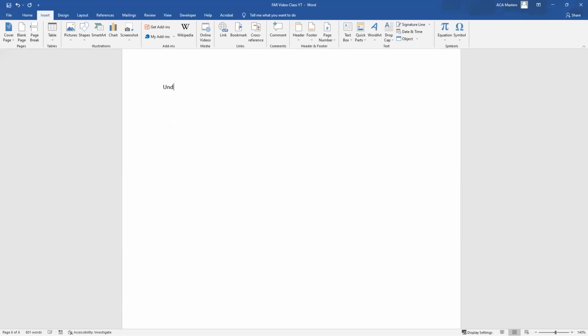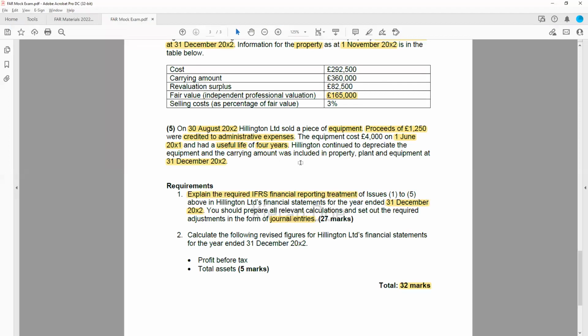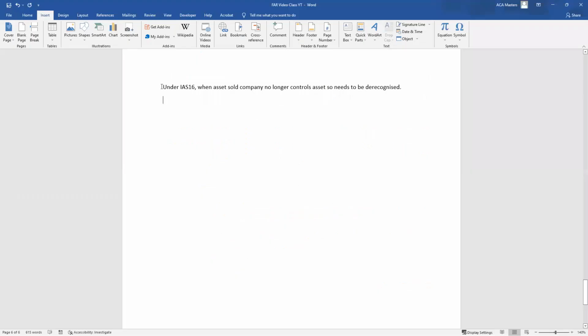So you could say, under IAS 16, when asset sold, company no longer controls asset, so needs to be de-recognized. Okay, so de-recognized from the SFP, no longer shown as an asset, and they've continued to show it as an asset. So clearly this part of the standard is very relevant here.